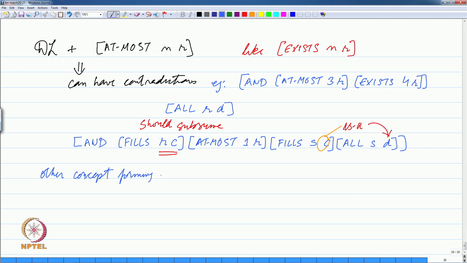What are the kind of things that we would like to use? So, for example, you might say you want to define days of the week.